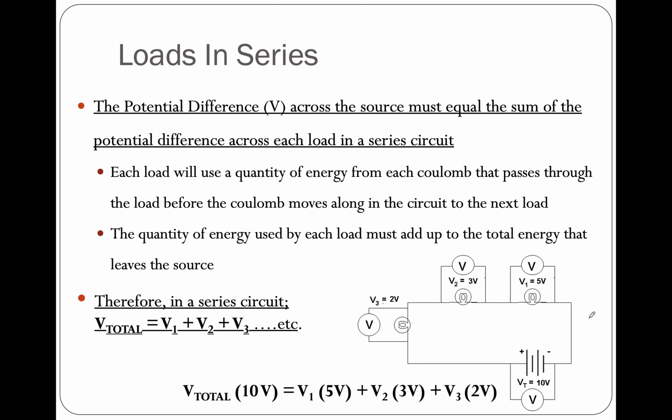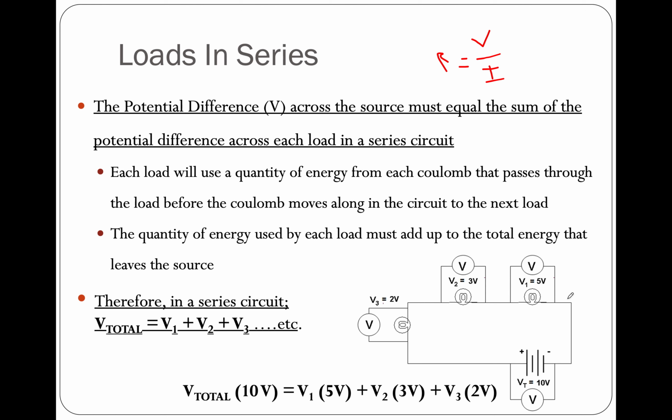Combining that with the Ohm's law we talked about, remembering that resistance was equal to the voltage divided by the current. Using this relationship here, Ohm's law, we can add this now to a question like this.